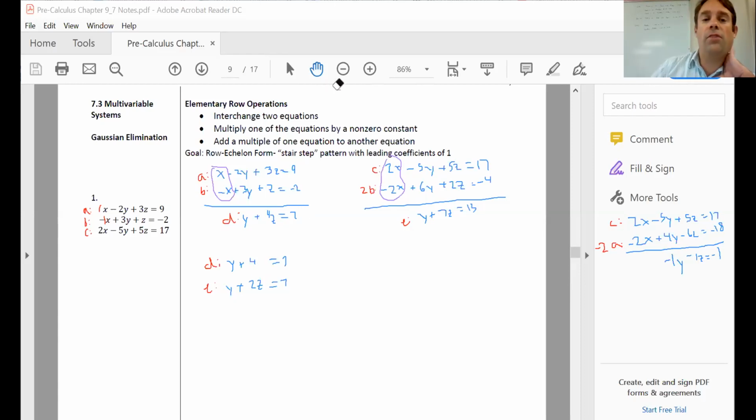And I can combine these two to get rid of whatever I want. Now, for me personally, I'm going to multiply that top equation by a -1. So I'm going to multiply -1 times D, and I'm going to combine that with E to be able to get rid of my Y values.